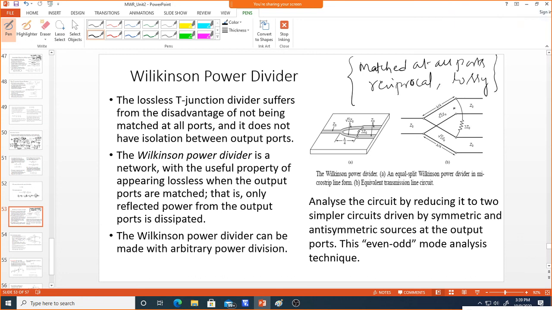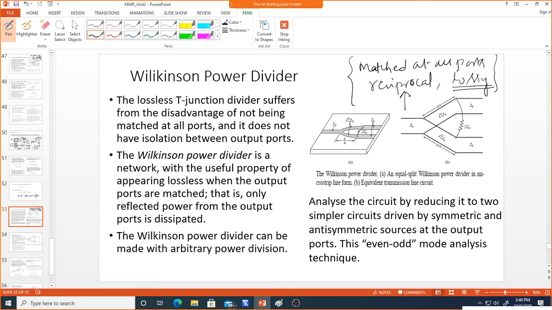Since we have already seen for the 3-port network, we cannot achieve both reciprocity as well as a lossless network. So one of the properties we need to compromise for a 3-port network. That's why in this Wilkinson power divider they compromised on the lossless portion, which becomes lossy.